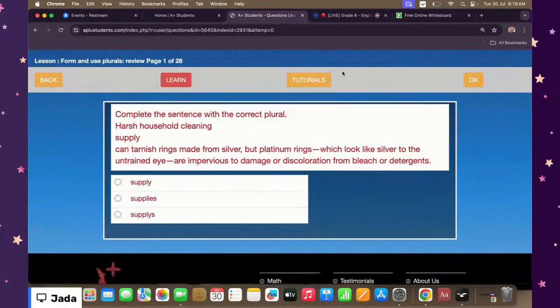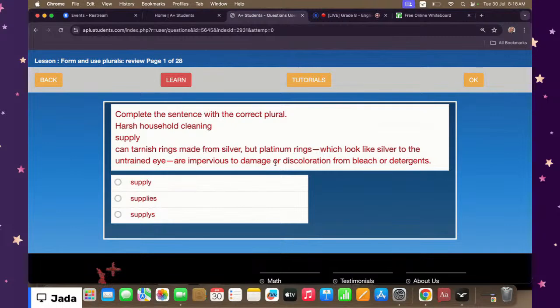Okay. Complete the sentence with the correct plural. So that's what you're going to do now. You need to complete the sentence with the correct plural. Household cleaning supplies can trash rings.